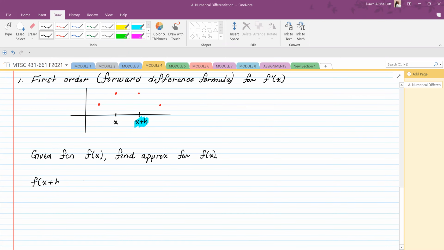So this time we're going to have a point x, and the point behind it is x minus h. So now we are going to do a Taylor series about that.